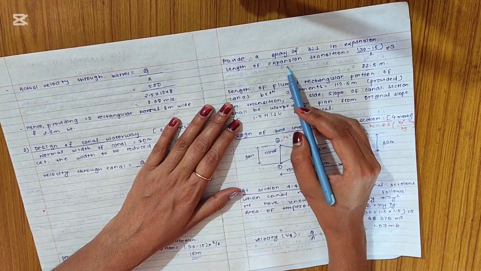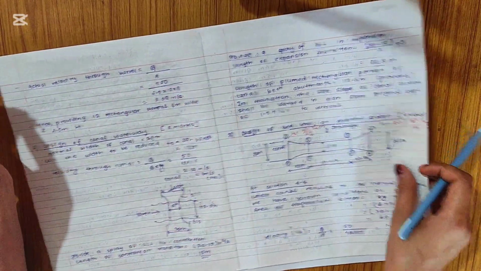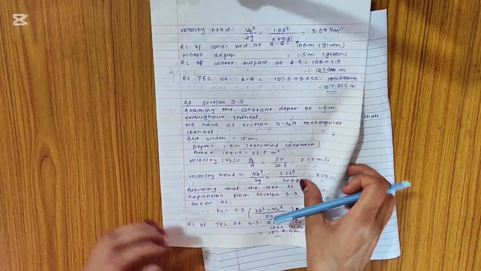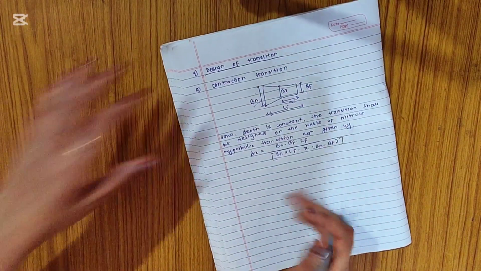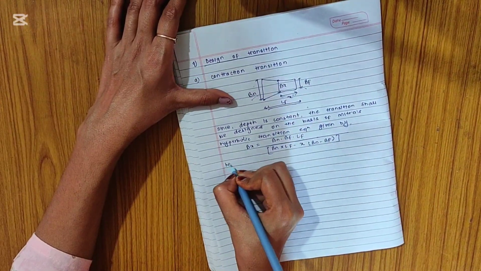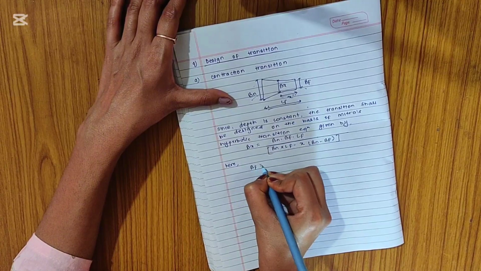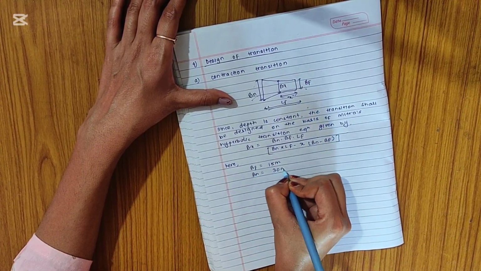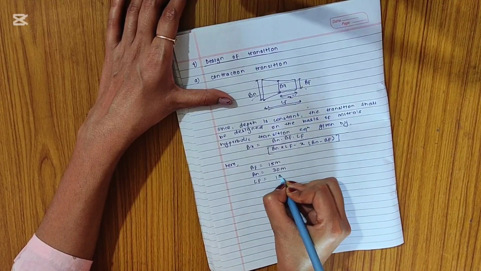In step 2, the length of expansion transition is 22.5 meter, where the length of the contraction transition is 15 meters. So for contraction we have Lf is equal to 15 meters, Bf is equal to 15 meter, Bn is equal to 30 meter.